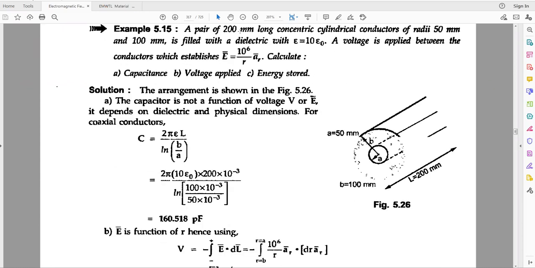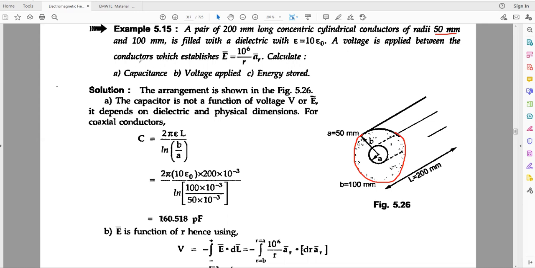A pair of 200 millimeter long concentric cylindrical conductors of radii 50 mm and 100 mm, with the outermost being a circle, concentric cylinder with radius A given as 50 mm and B given as 100 mm, is filled with a dielectric with epsilon equal to 10 epsilon naught, meaning epsilon R is equal to 10.